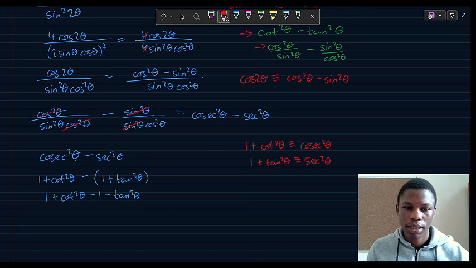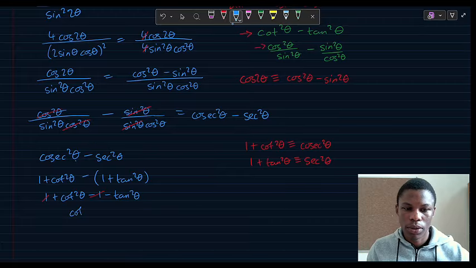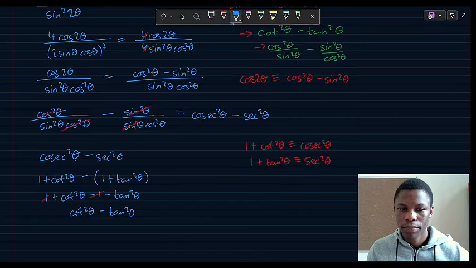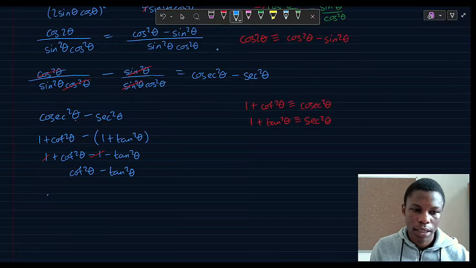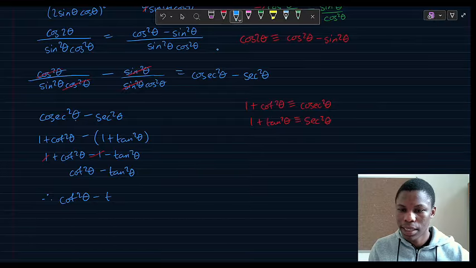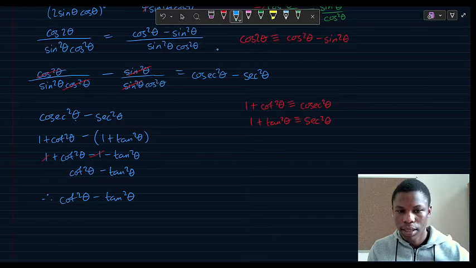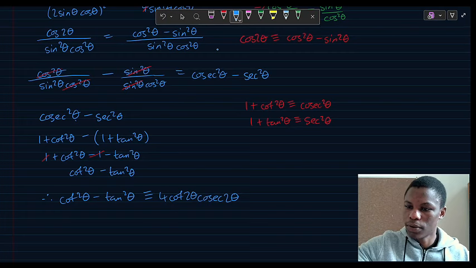The 1 and the minus 1 cancel out, and you end up with cot squared theta minus tan squared theta. And that proves the identity: cot squared theta minus tan squared theta is identical to 4 cot 2 theta cosec 2 theta. And that was a lot of work.